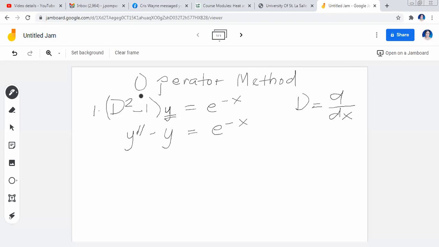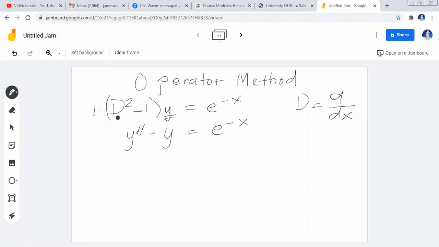What I like about this particular operator method is it could be treated just like a characteristic equation wherein we can write down the corresponding factors of this particular original DE when it is written in this form. What do I mean?